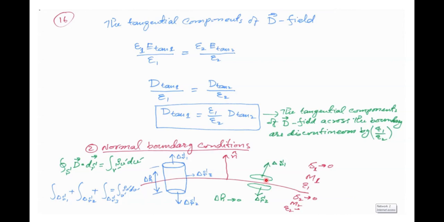But remember that in this case the vector area of the disk in material 1 is in the upward direction, and that in material 2 is in the downward direction. Both are in opposite directions but have the same magnitude.